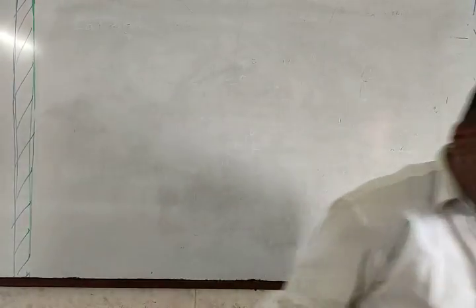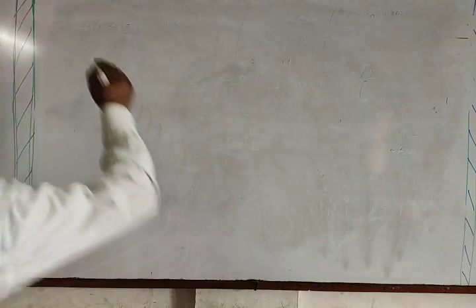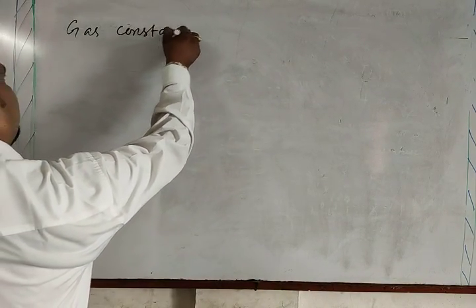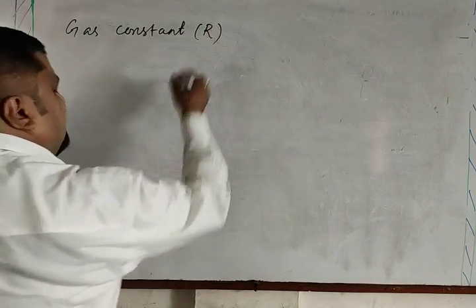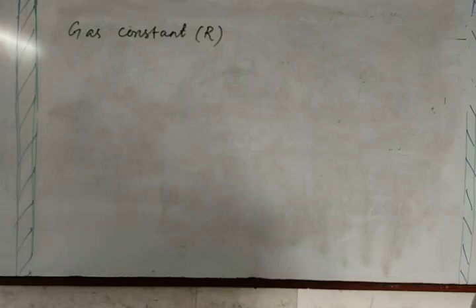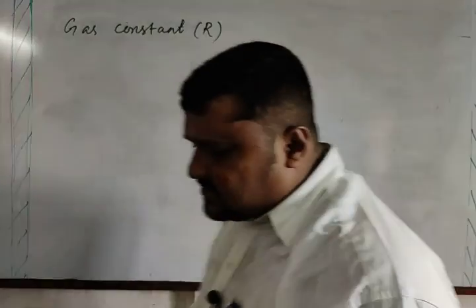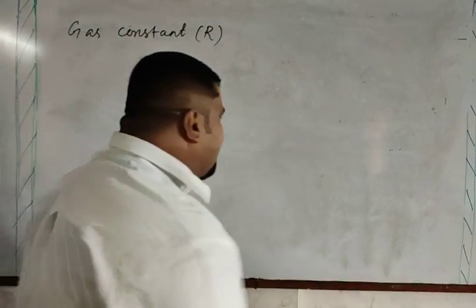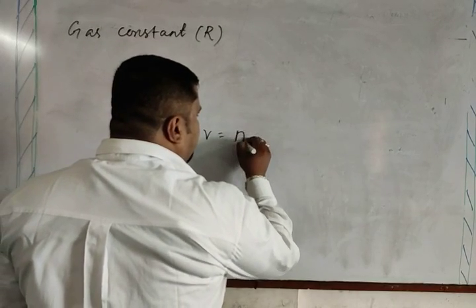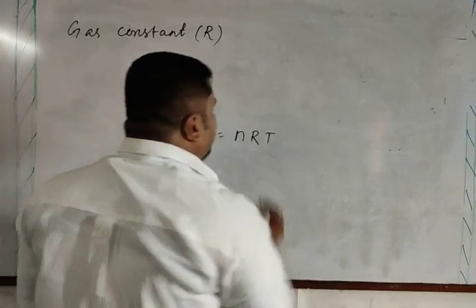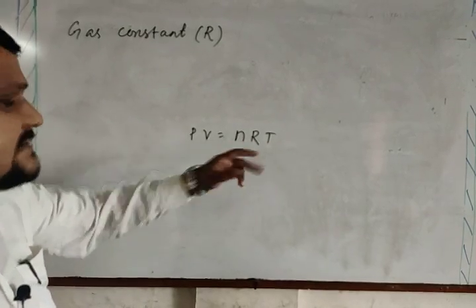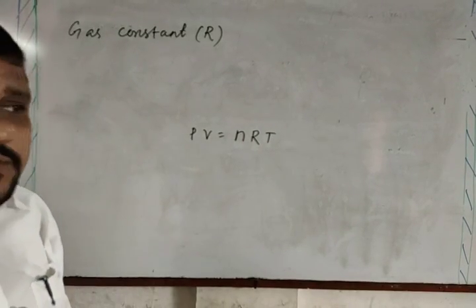So next is the gas constant R. That is also called the universal gas constant or molar gas constant. As you know, pressure into volume is equal to number of moles into R into T, gas constant into temperature. This is called the ideal gas equation.